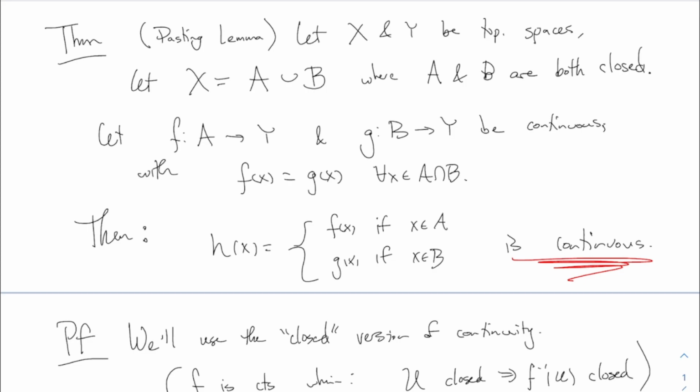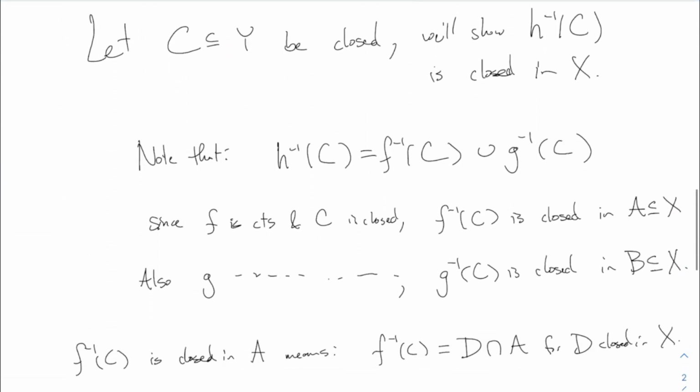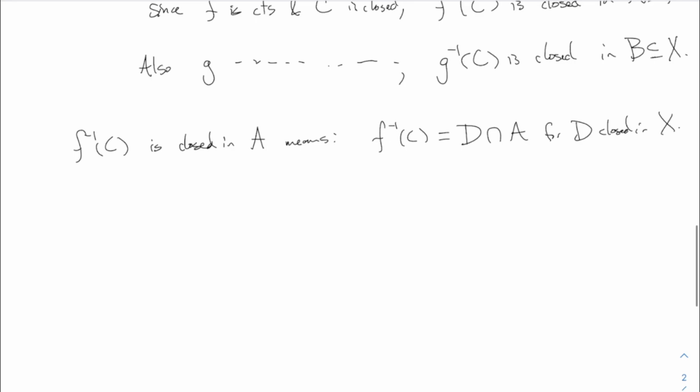If I didn't say anything else, you wouldn't assume any other topology on A and B. That's the only one to use, unless you have some reason to use a different one. Yeah, that's a good question. Thank you for that. Anyway, closed in A means that this is true.